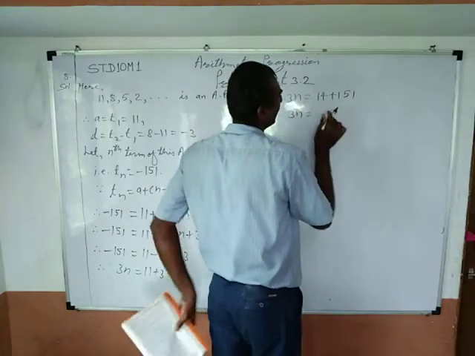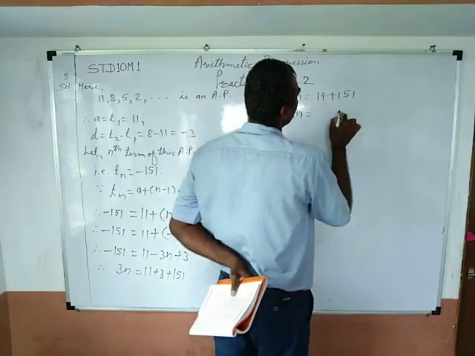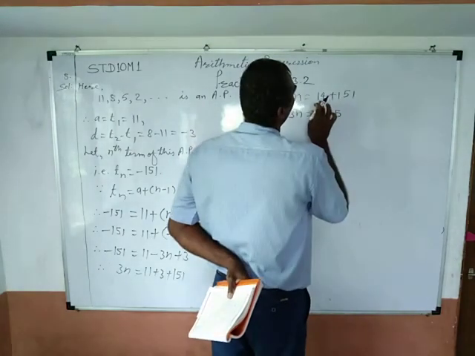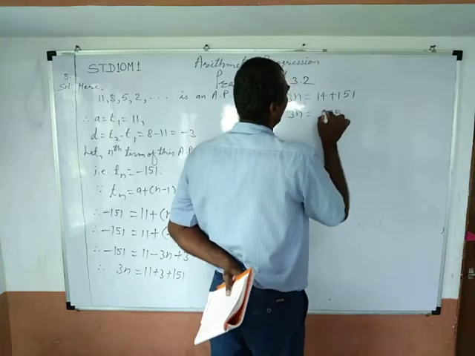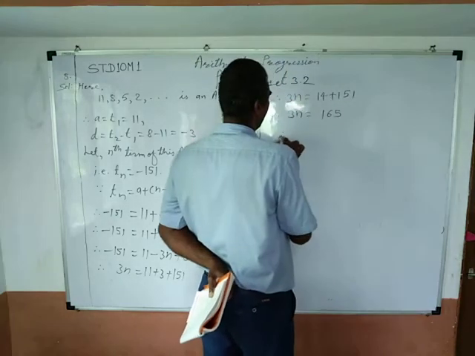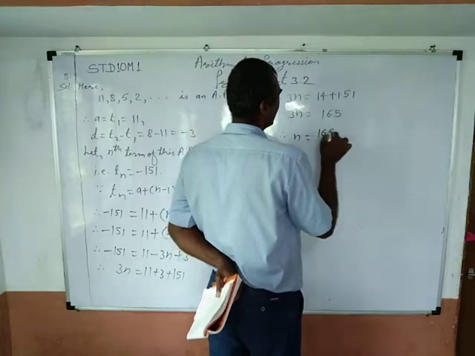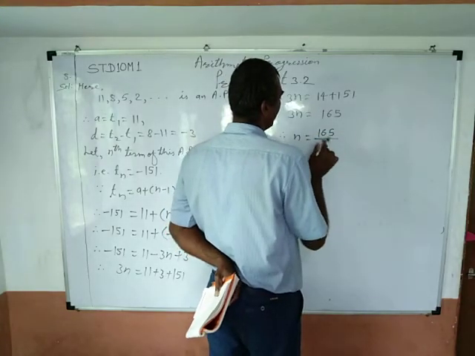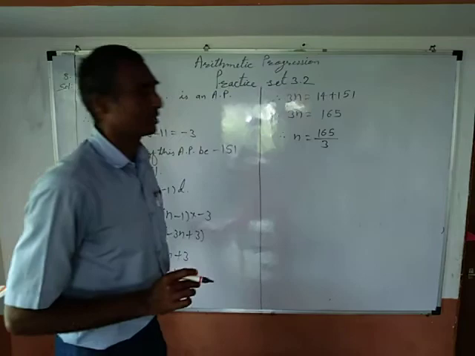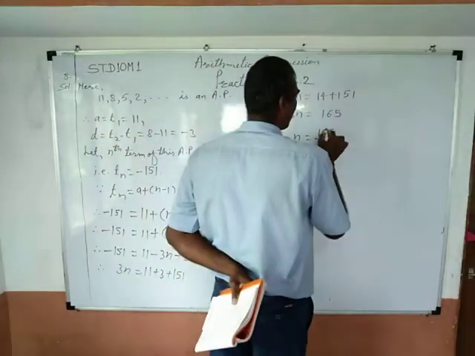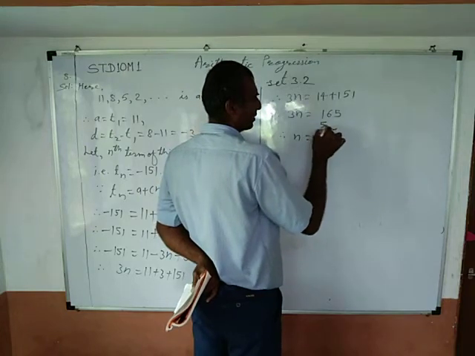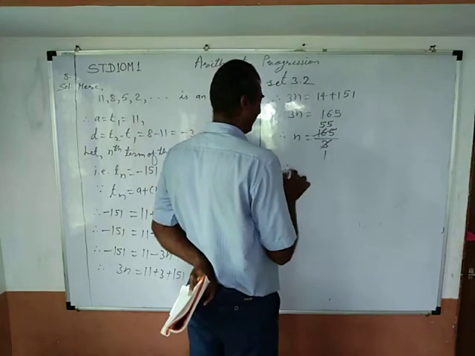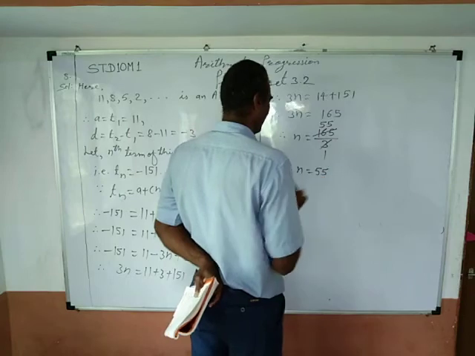Therefore 3n equals 165. 4 plus 1 gives us 5, 1 plus 5 gives us 6, and 1 plus 0 gives us 1, and therefore n equals 165 upon 3. 3 ones are 3, 3 fives are 15, 3 fives are 15, and therefore n equals 55.